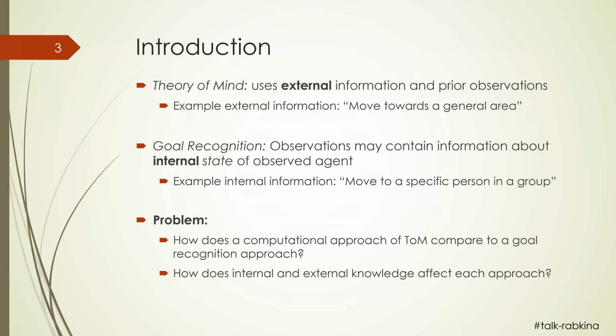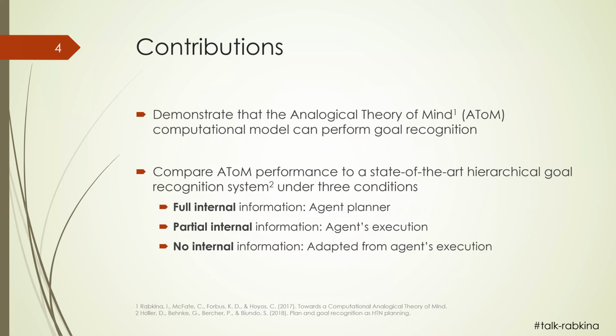So what we want to do in this work is take a look at two problems. First, whether a computational approach to theory of mind can do goal recognition at a level that's similar to specifically goal recognition approaches. And we want to see how different levels of available knowledge affect how well each approach performs. So the two main contributions of this work are first demonstrating that the analogical theory of mind model can perform goal recognition, and then comparing that model's performance to a state-of-the-art goal recognition system under three knowledge conditions.